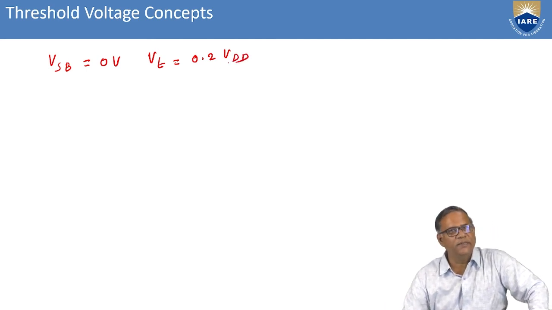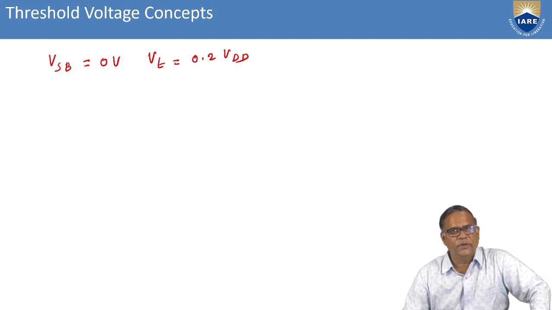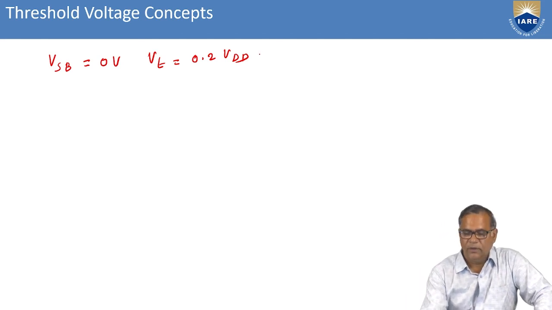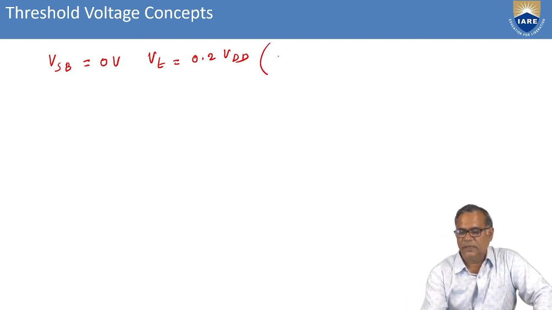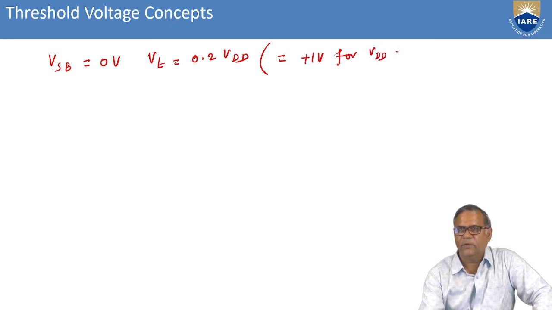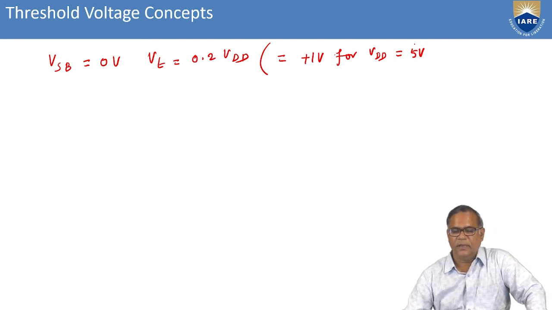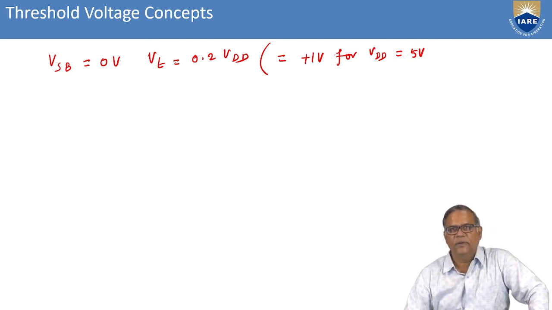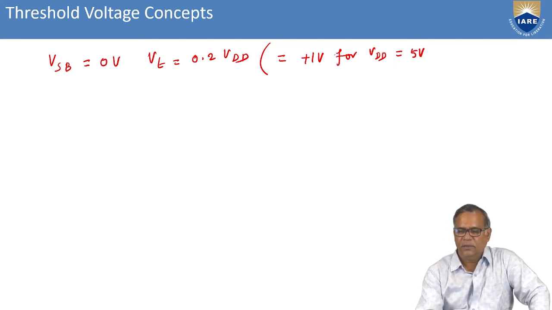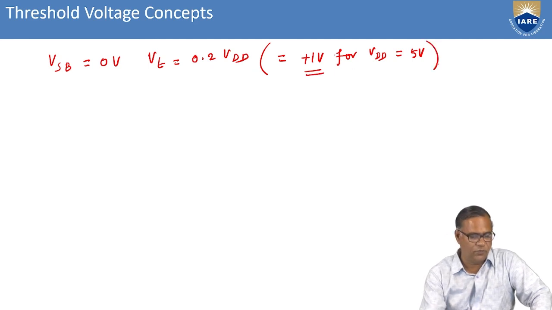So if you don't apply any substrate bias, then the threshold voltage is equal to 0.2 VDD. So you can say it is equal to plus 1 volt for VDD equal to 5 volts. So if you apply 5 volts, then the threshold voltage is going to be 1 volt, because 0.2 into 5. So you get plus 1 volt. That is the threshold voltage.